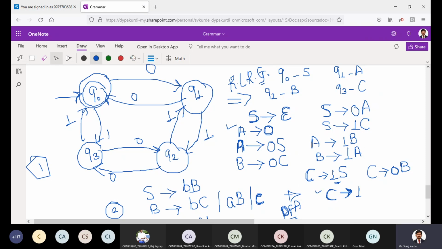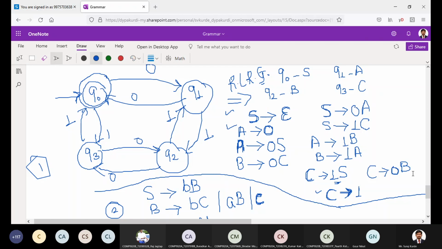The rest can all be expanded. And S produces epsilon is there. So three are the transitions which are directly terminating. There is no further expansion for those transitions. These are the right linear grammar production rules.